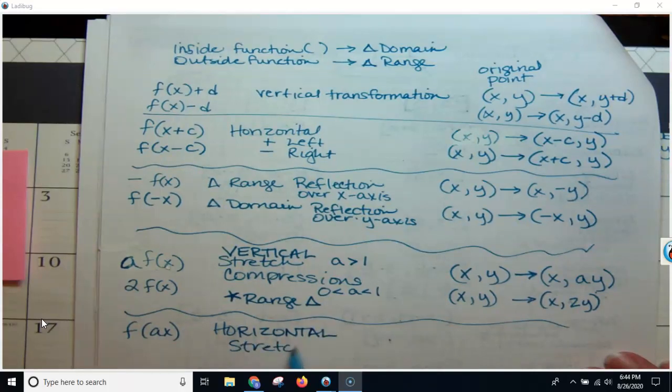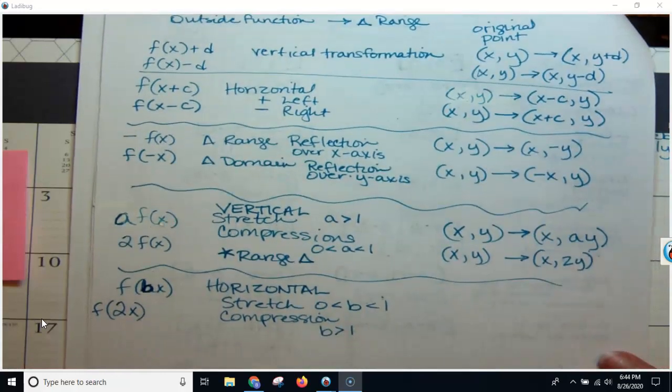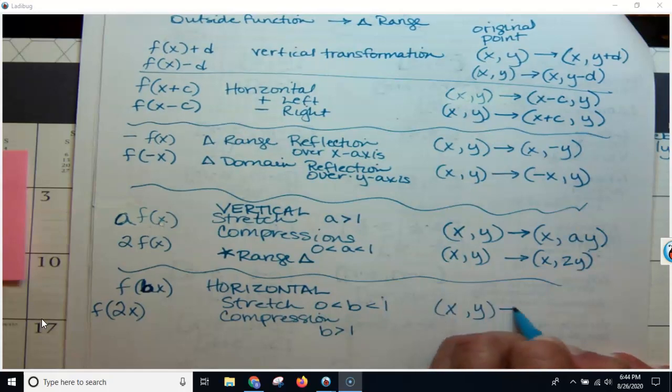All right? In a horizontal, when you have f of bx, let's change that to a b so we're not using the same variable. A horizontal stretch is where b is between 0 and 1. And a compression is where it is greater than 1. So if we have, for an example, f of 2x, then our x, y would be changed, and we are going to multiply by the reciprocal.